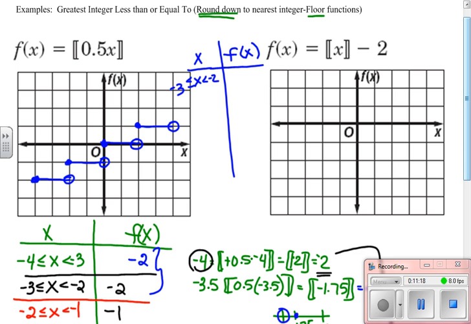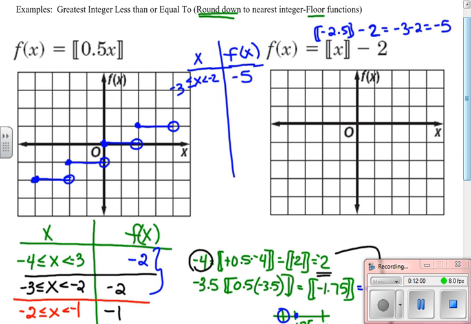If I put negative 2.5, negative 2.5 minus 2, and I round down, so this is going to become negative 3 minus 2, which becomes negative 5, not absolute value, integer. Sorry about that.